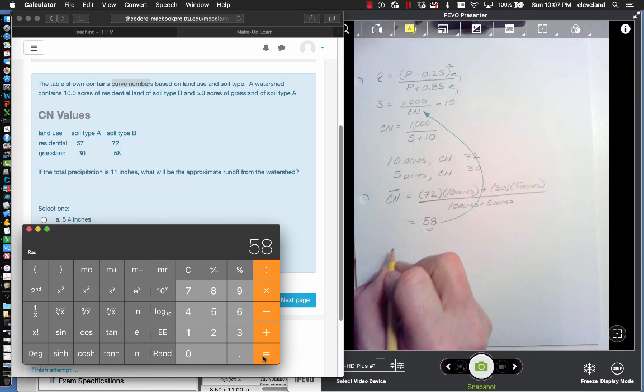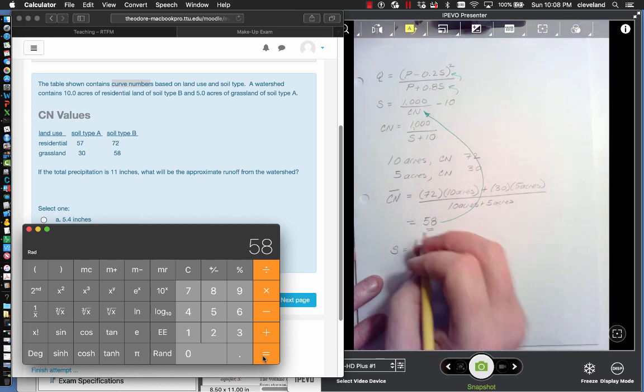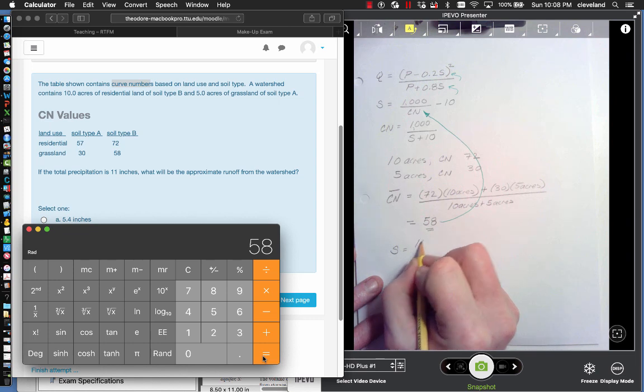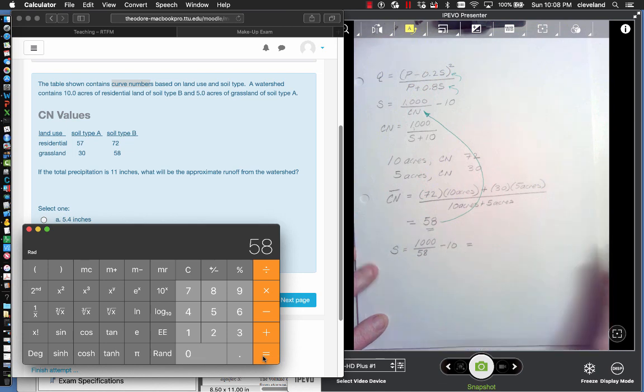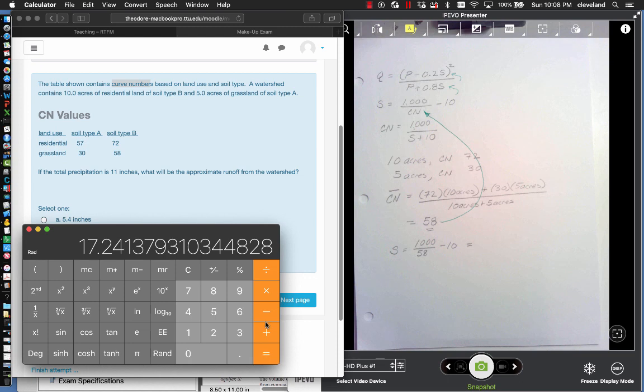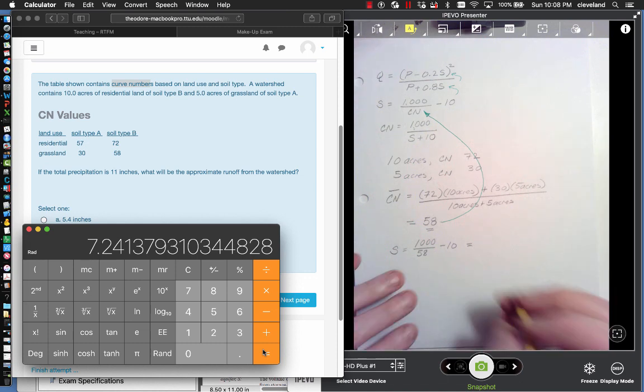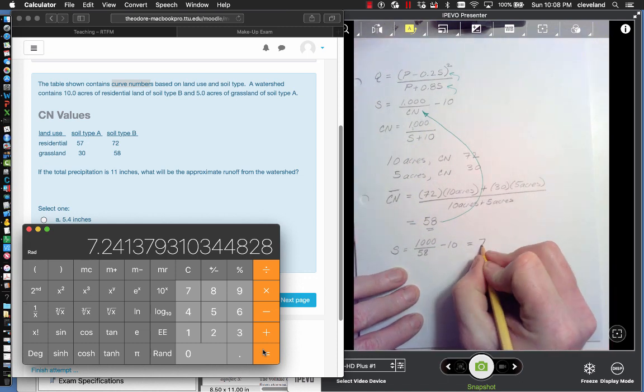So storativity, or the storage, I don't believe I'm using the correct terminology, but close. 1,000 over 58 minus 10. We'll perform the indicated arithmetic. 1,000 divided by 58 minus 10, 7.24, probably good enough.